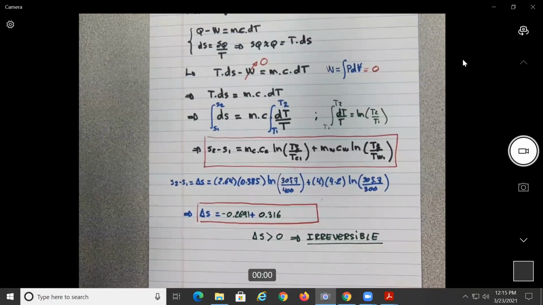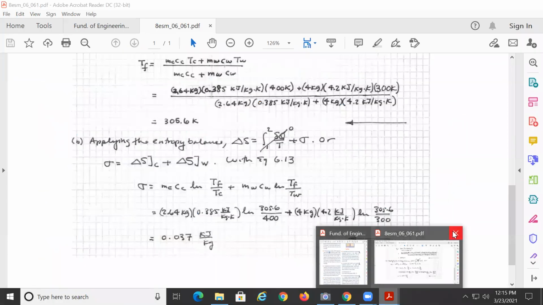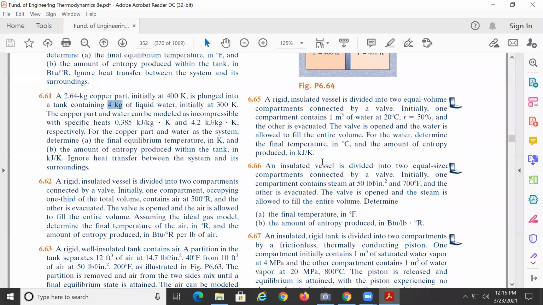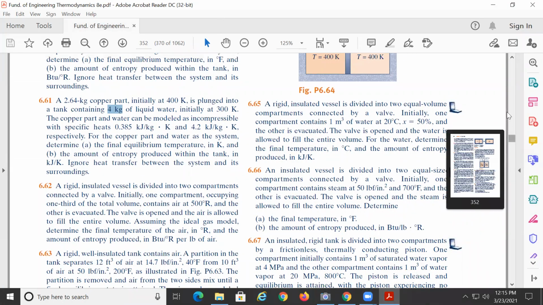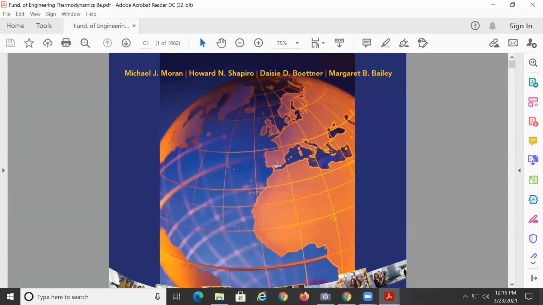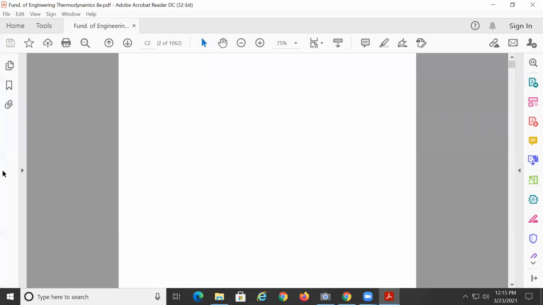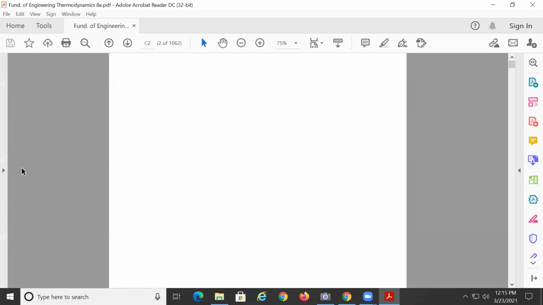Okay? So let's open the book, the textbook. Let's go back all the way back to the beginning. So let me probably put 75. Let's see. Oh, this is what I wanted to open. Oops, why is this not opening?